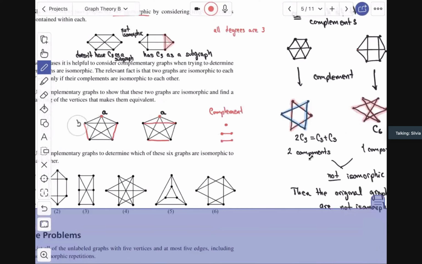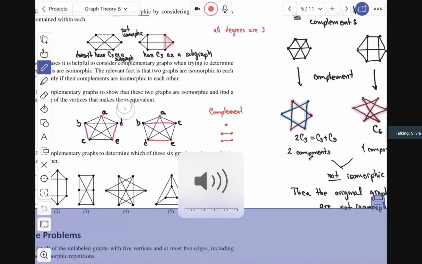And these ones, it doesn't really matter as long as B is joined to C. So if I decide for this to be B, then this one has to be C. And then just pick the other two letters. And I just need to make sure that D and E are joined to each other. So there is the isomorphism. So not only does the complement help you decide, and even without proof, you know that the complements are essentially the same, right? They are isomorphic. So you can give the isomorphism.